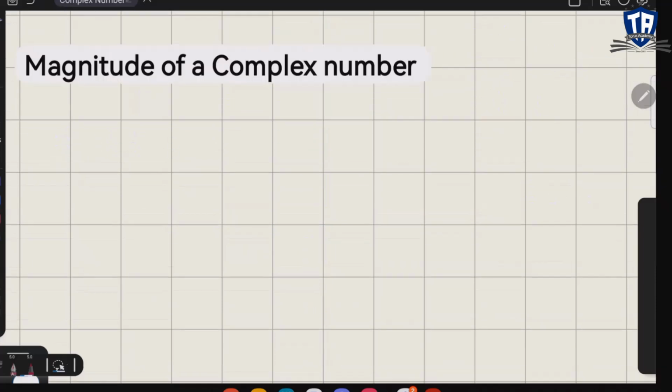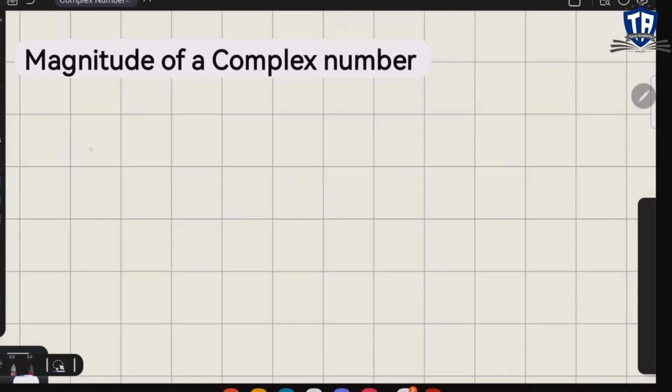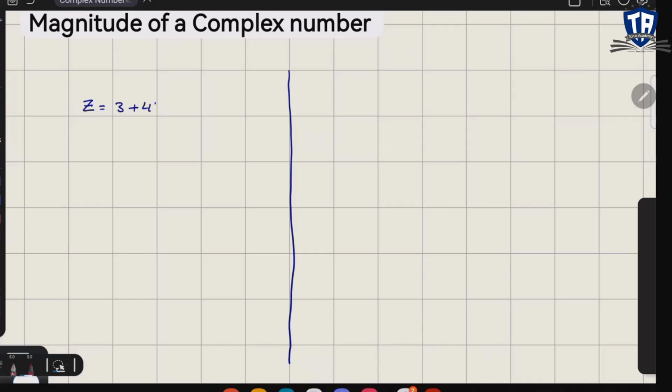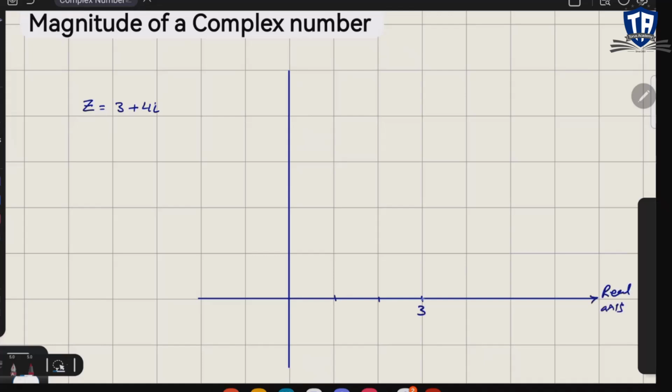Next is the magnitude of a complex number. The magnitude of a complex number is the distance from the origin on the complex plane. If z is a complex number, 3 plus 4 iota, then we can plot this number like this. 3 plus 4 iota means 3 units along the x-axis, the real part, and 4 units along the y-axis, the imaginary part, 2, 3, and 4.